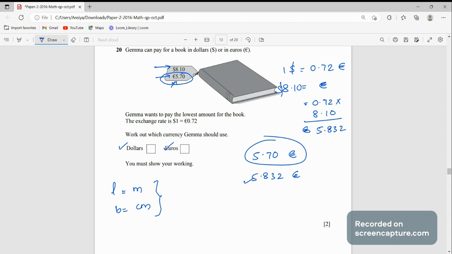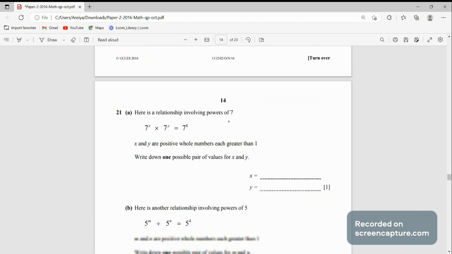Then we will find out the area. It's a similar case. To find out which has more value or which has less value, either you write both amounts in dollars or you write both amounts in euros and then compare. Okay, and the exchange rate is given, so it's simple work, and you can use calculator also.